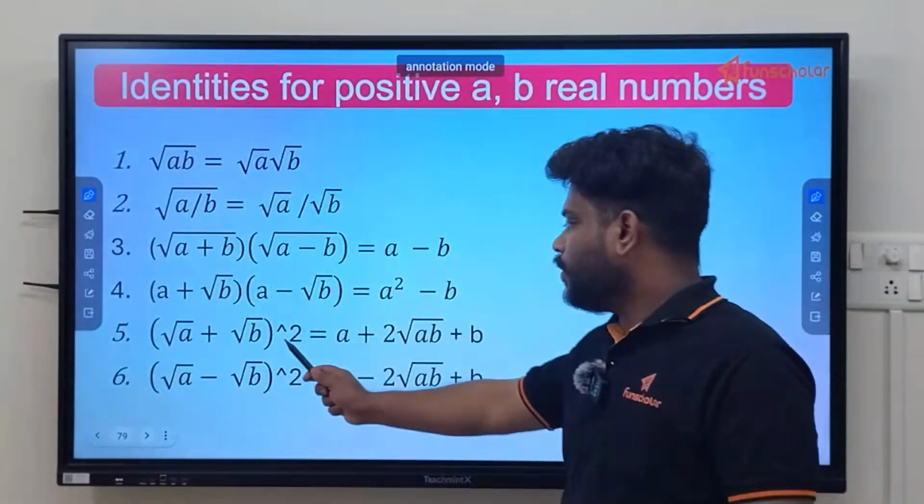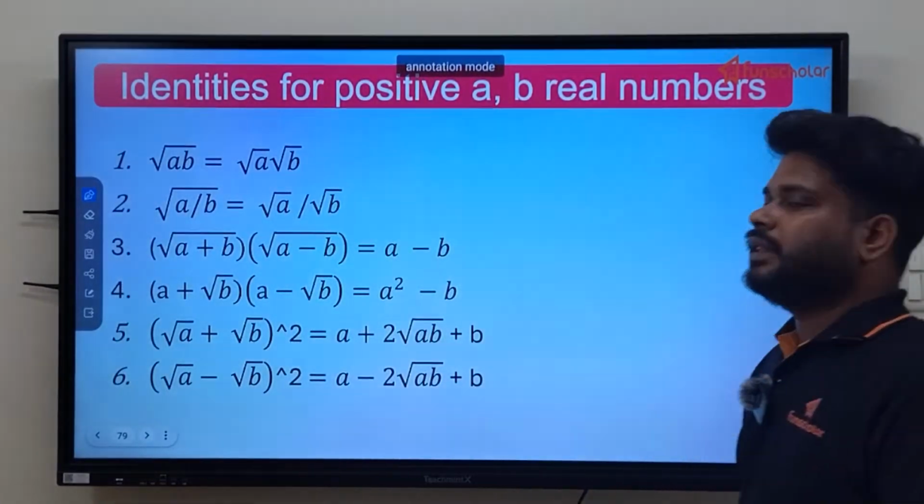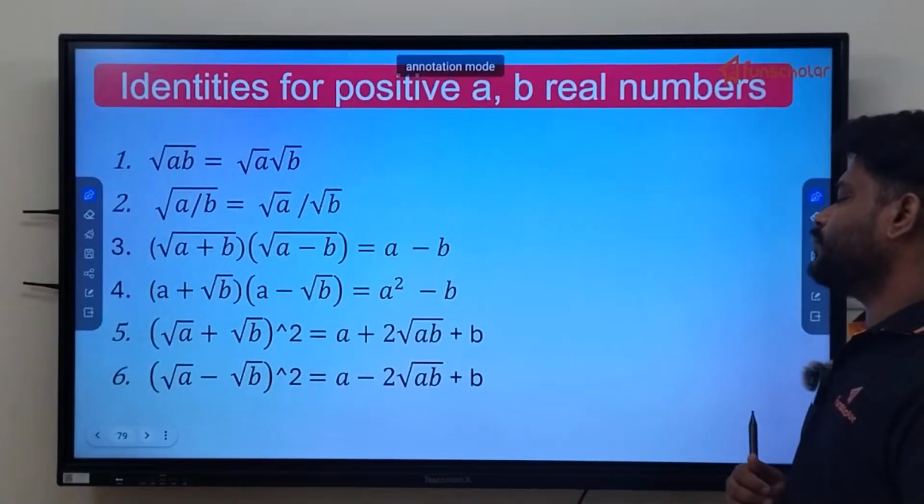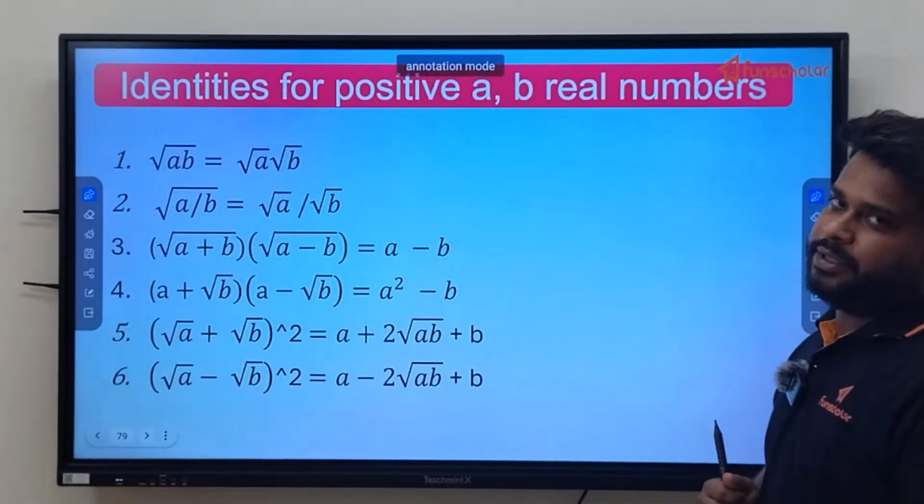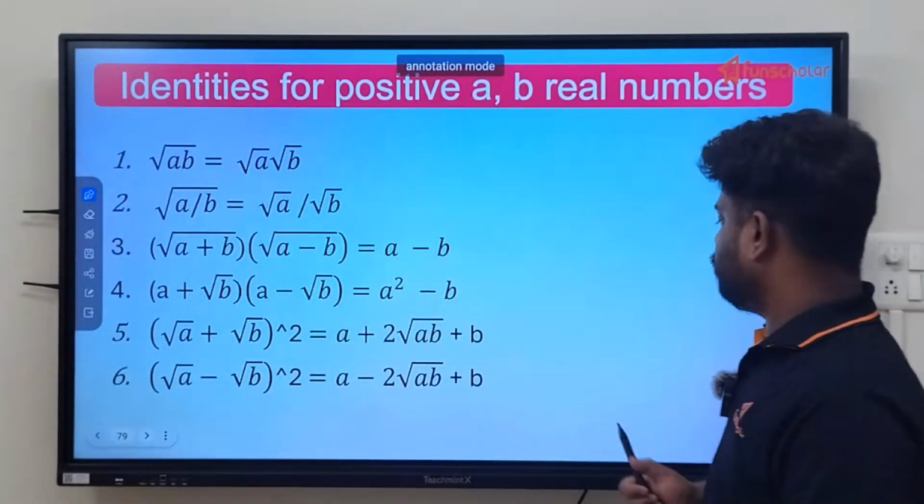And root a minus root b whole square will be a minus 2 root ab plus b. Okay, let's go to the next one.